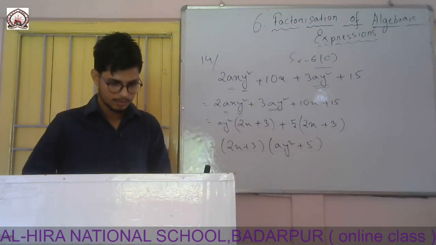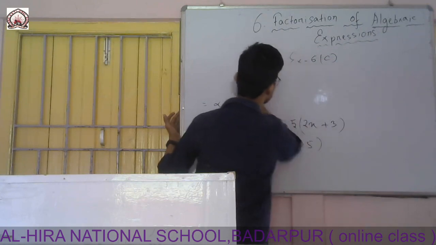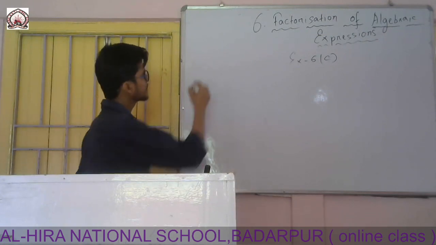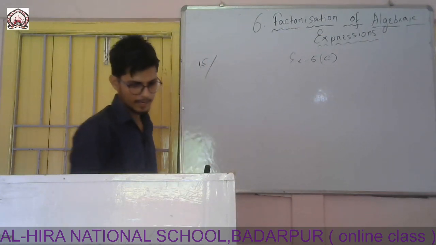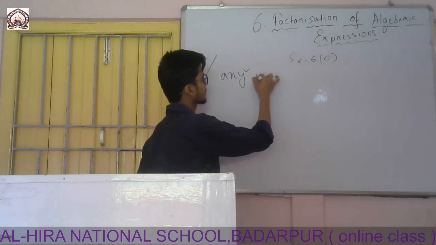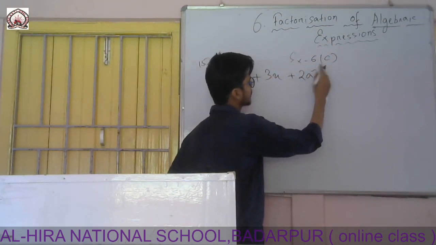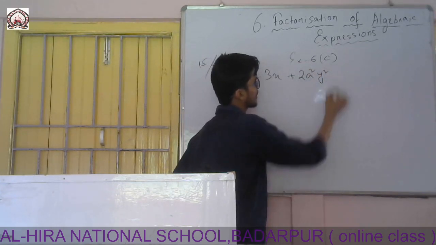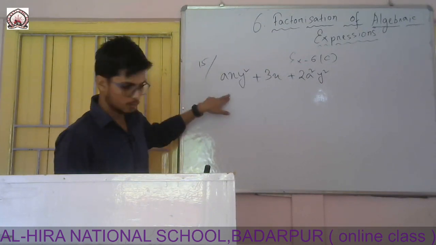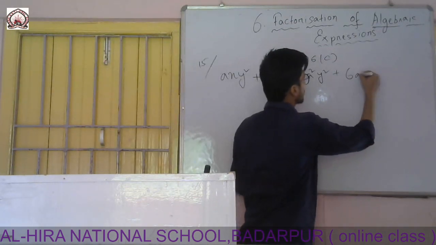So now we will do question number 15. Question number 15 is axy square plus 3x plus 2a square y square plus 6a.